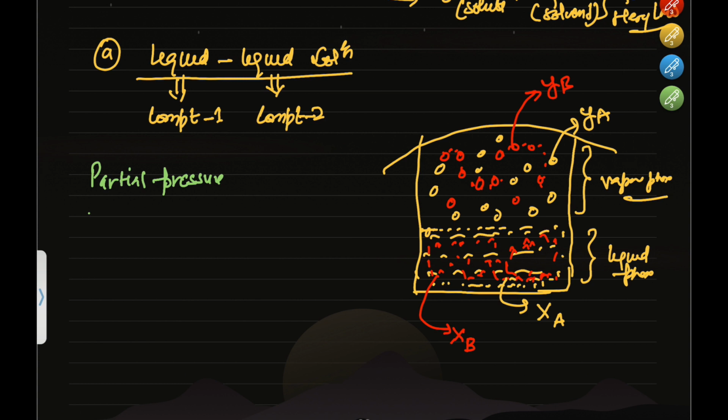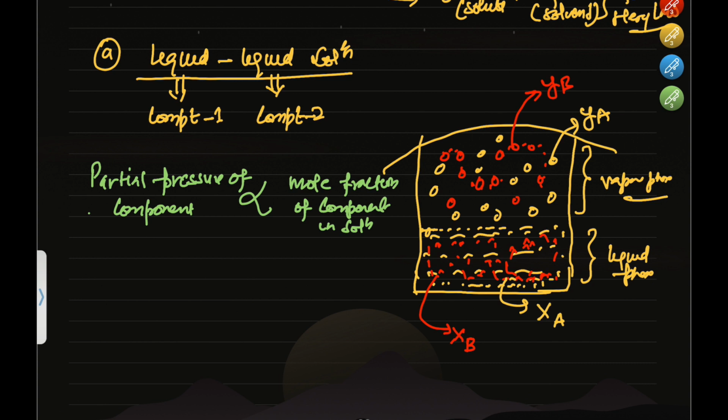मतलब ये वेपर प्रेशर ही है, मगर वेपर प्रेशर जब मिक्सचर में होता है तो हम उसको पार्शियल प्रेशर से डिनोट करते हैं. Partial pressure of component is directly proportional to the mole fraction of the component in liquid phase.